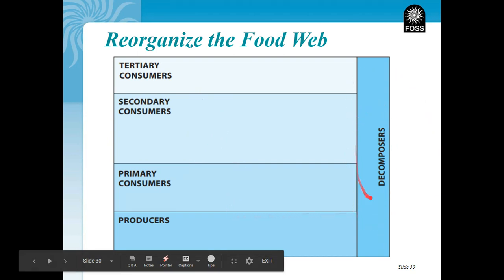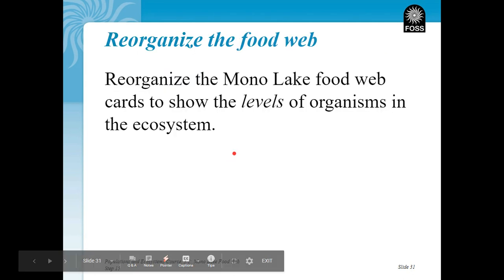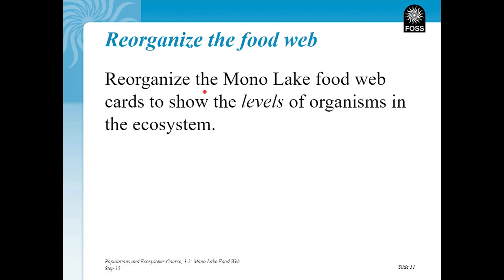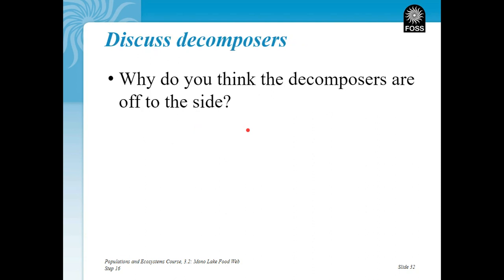And notice you even have decomposers over here on the side as well. I'm not going to make you redraw it, but think about if you were to redo your food web and show the levels of organisms. Still have your arrows on there to show who eats what, but it's a nice way to organize that.